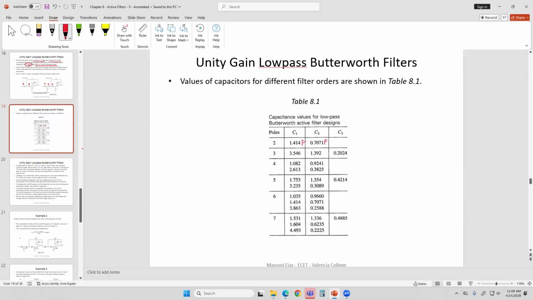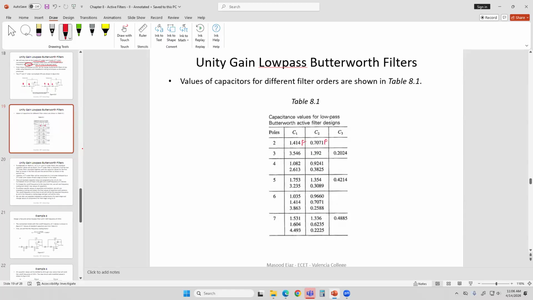In the past, I have seen some students who were not careful about the order, and they put the second order filter first and then the third order. That's not going to work. Make sure you stick with what they're giving, because these are the standard values for a reason. These standard values work if you put the filters in this order to make a fifth order filter. Third goes first and then the second.